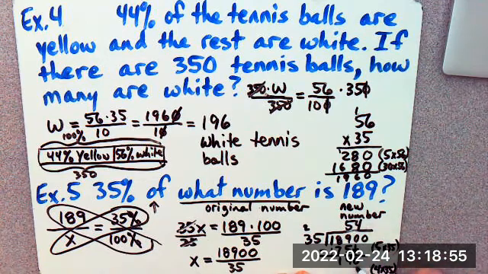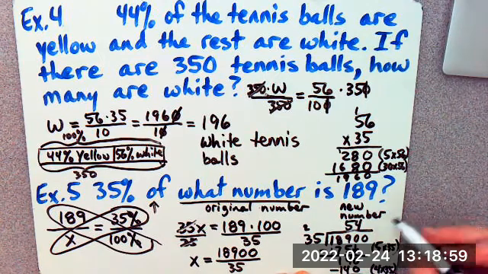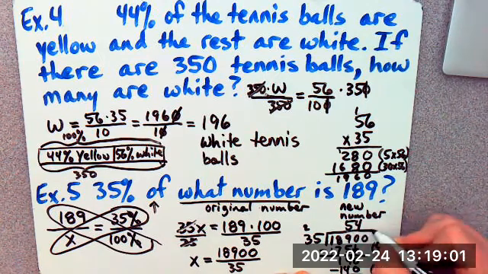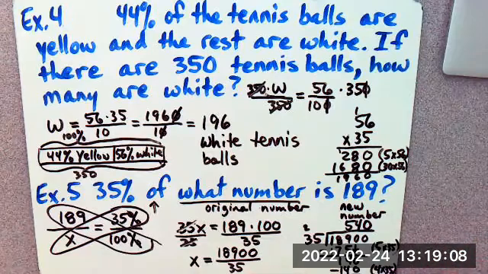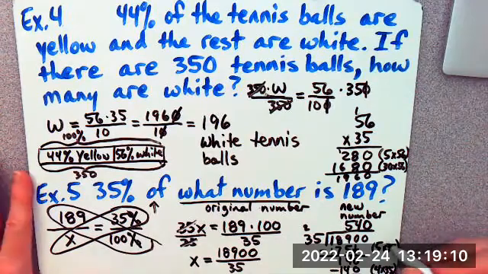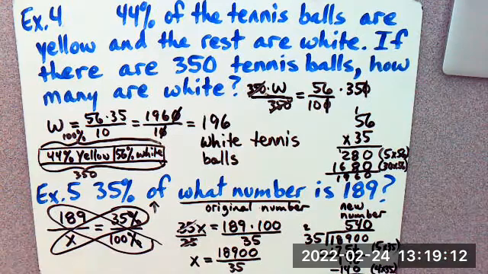So 4 times 35 is 140, and we have a 0 here. And then we are going to go ahead and put another 0 here. And that gives us 540 for our new number.